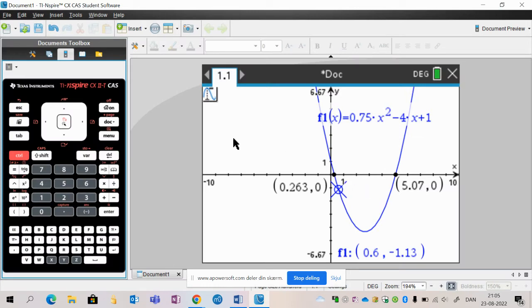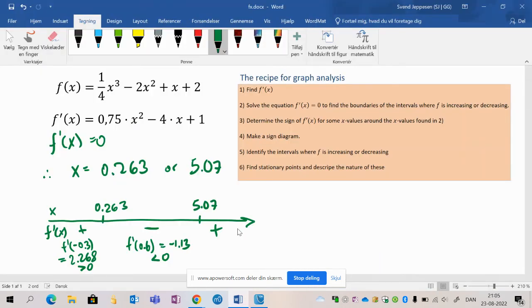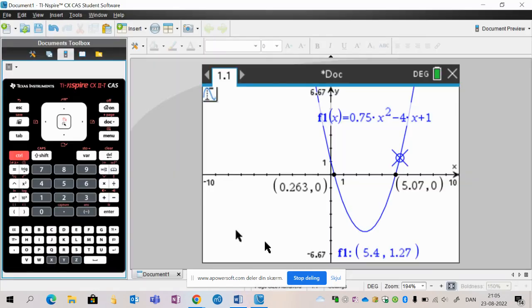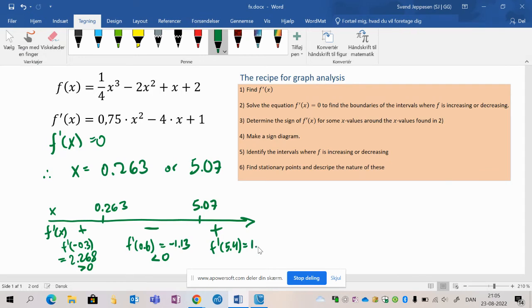And finally, you can go to the last interval like this. For example, here at 5.4, you get a positive 1.27. So f dashed of 5.4 is 1.27, which is positive.